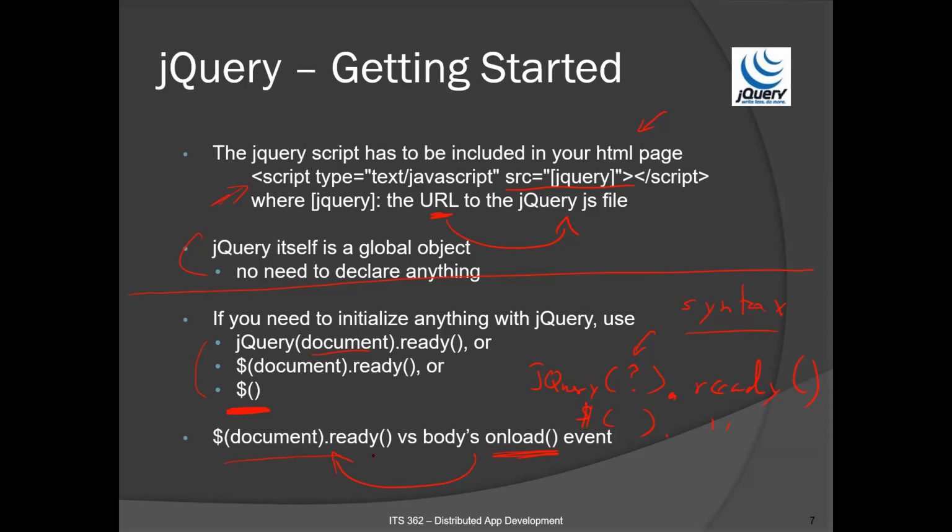So doing document ready is similar to onload, right? They're both events that trigger, and as you might imagine, I can specify something inside there. We use once again the concept of encapsulation, and we encapsulate something in here, and that can be something very simple, or it can be a lot of code.